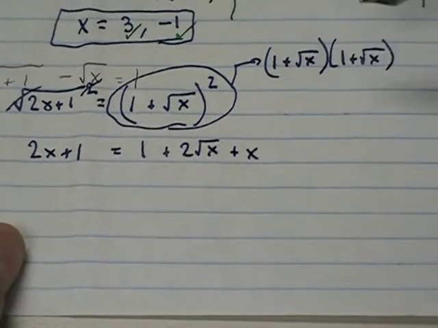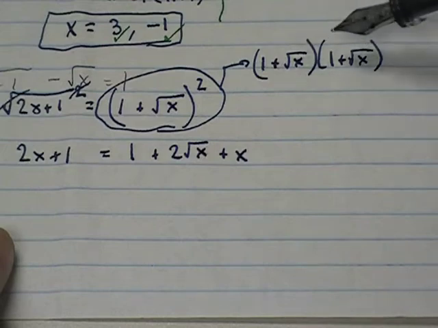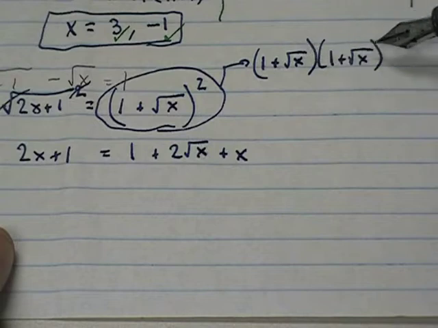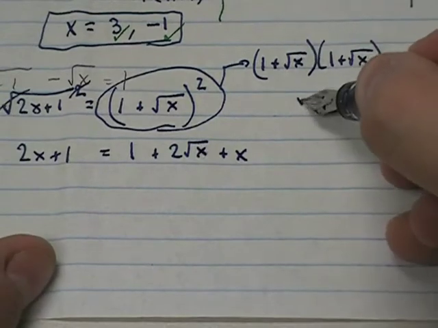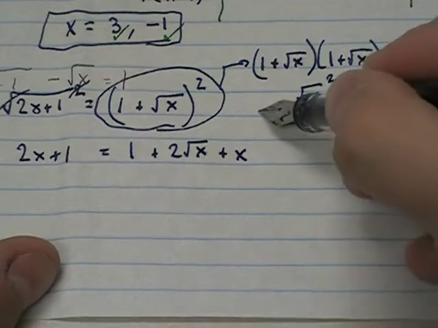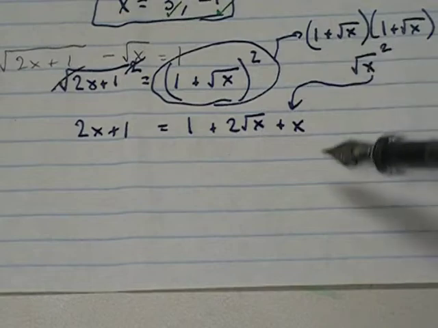Okay, and that's just using the FOIL method. 1 times 1 is 1. 1 plus root x and 1 plus root x add up to give me the middle term. Square root of x times square root of x is square root of x squared, which is just x. Okay? So I get this.